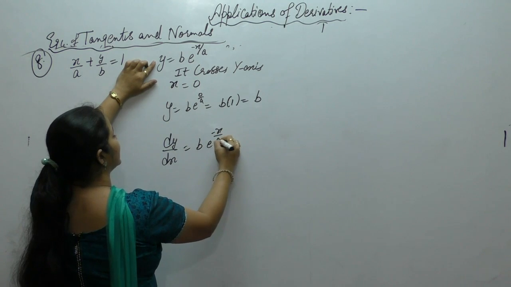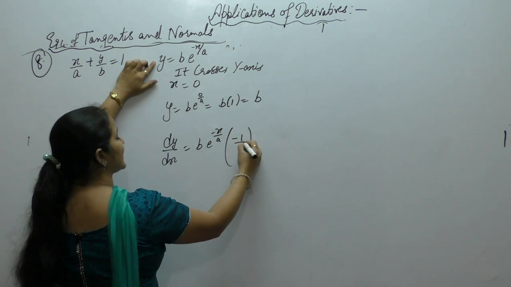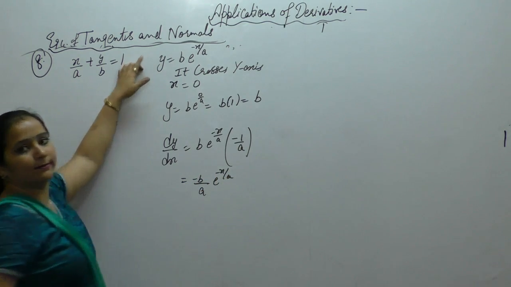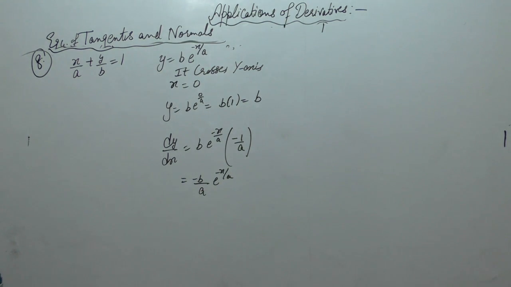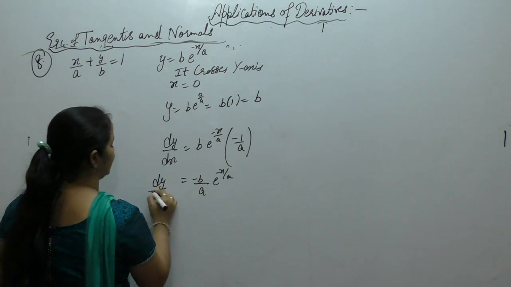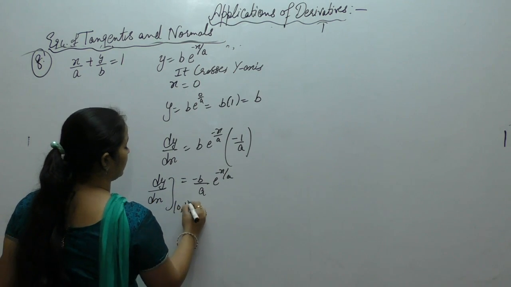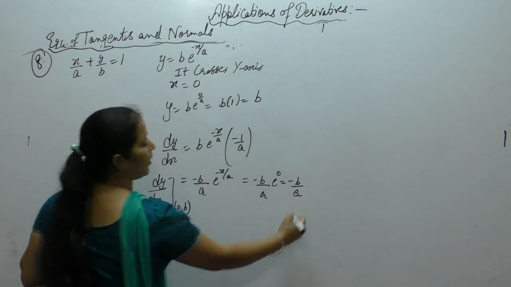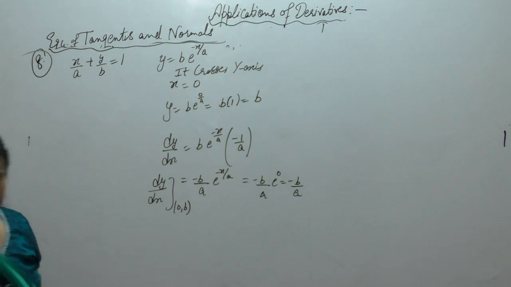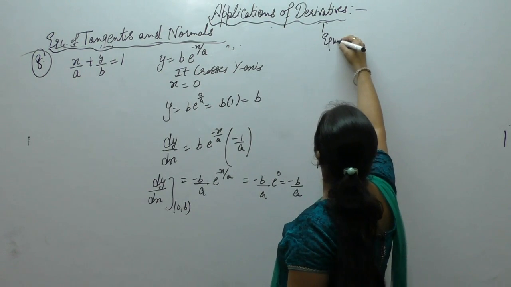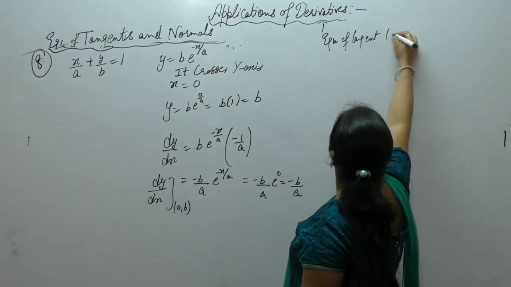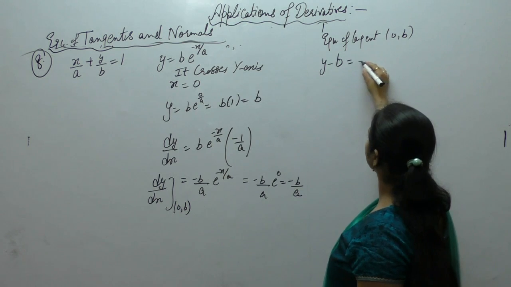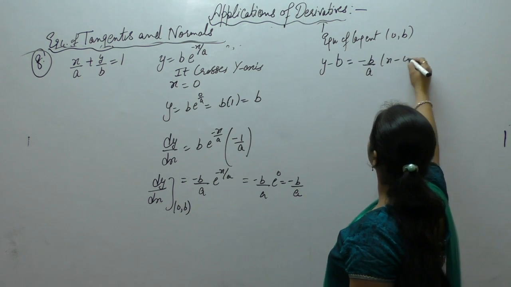b e power minus x upon a, derivative of minus x upon a. So minus b upon a e power minus x upon a. Now we want to find the slope of tangent at the point 0, b. X is 0, so we get minus b upon a. Now equation of tangent at point 0, b. Y minus y naught, slope of tangent, x minus x naught.